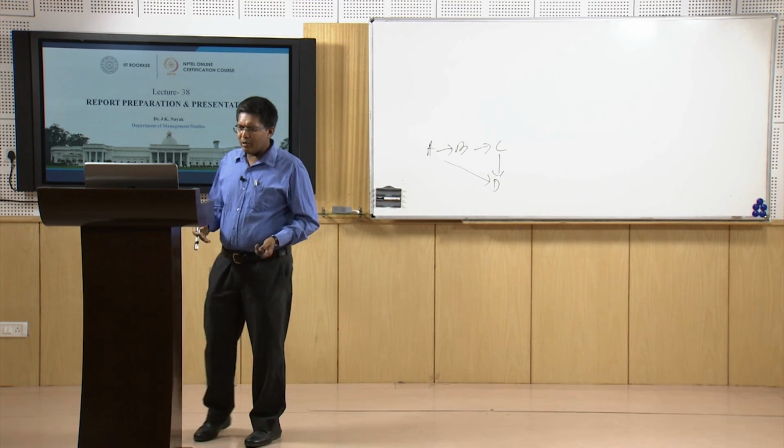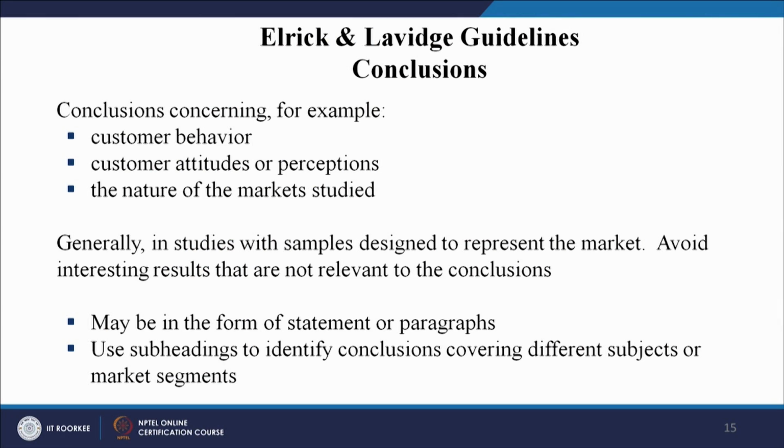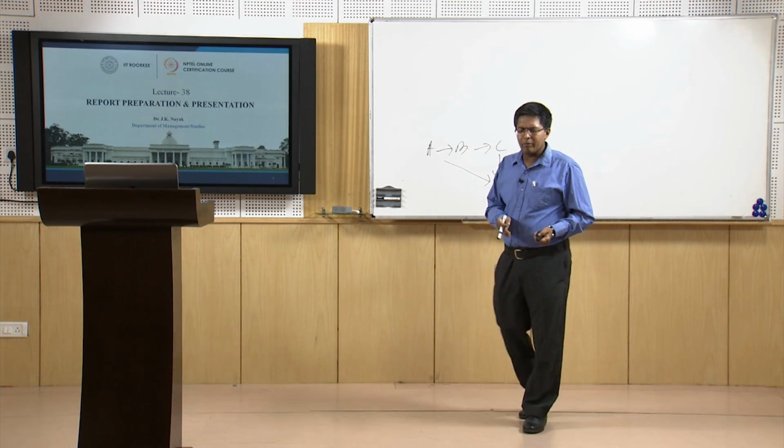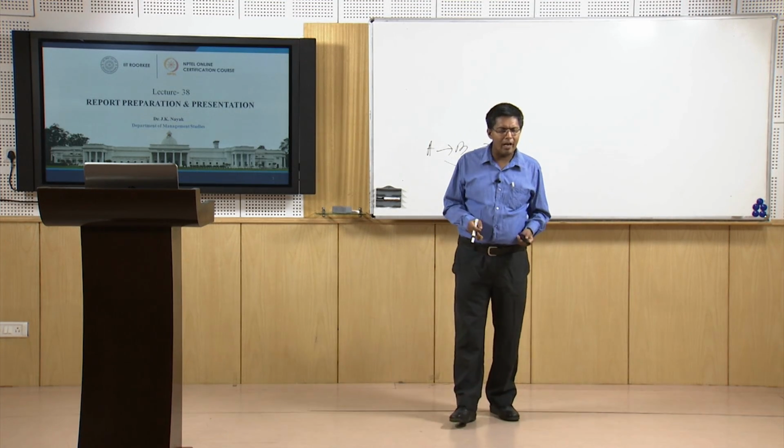And in conclusion, similarly he says conclusions concerning, for example, customer behavior, customer attitude or perceptions, the nature of the marketers studied. So, generally in studies with samples designed to represent the market, avoid interesting results that are not relevant to the conclusions. Now, this is something very important, a very good piece of writing advice. Many a time researchers fall into this trap.